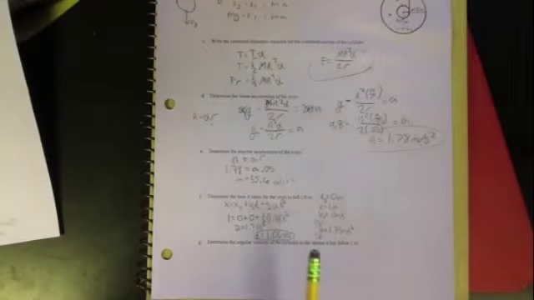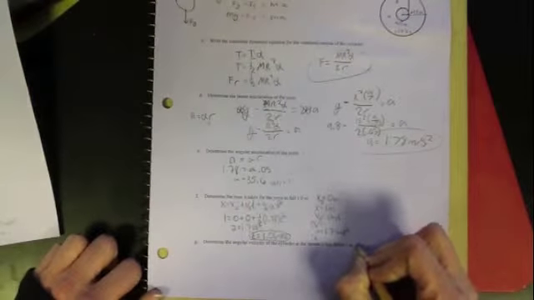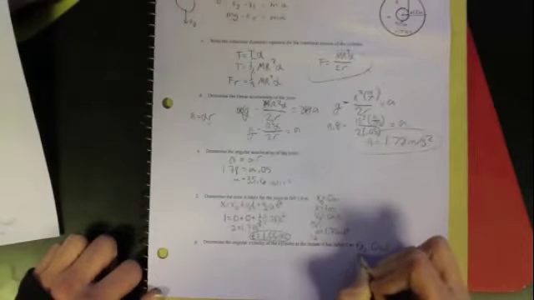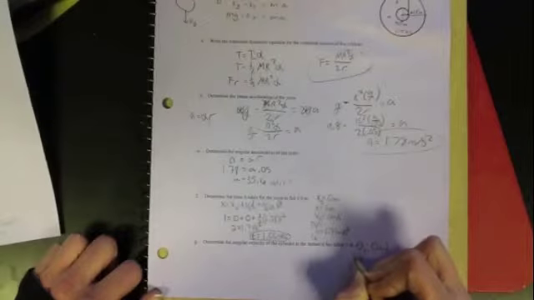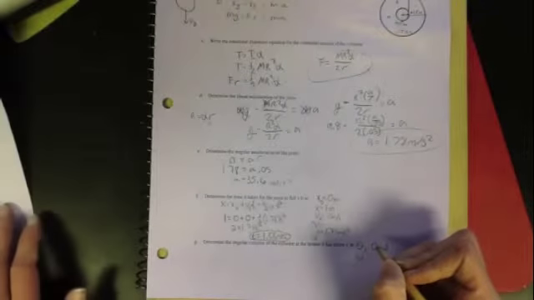Finally, to determine the angular velocity of the cylinder after it's fallen 1 meter, we can use our time from the previous problem, and we can use the angular acceleration, which we also found before. So once again, we're going to identify our variables. We know that it has an initial angular position of 0 radians, and we do not know the final position.